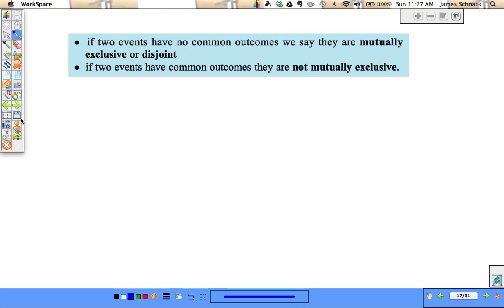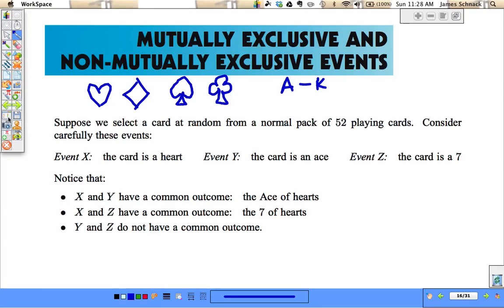If two events have common outcomes, they are not mutually exclusive. So if we come back here, X and Y are not mutually exclusive. Neither are X and Z. However, Y and Z are mutually exclusive. They don't have anything in common.